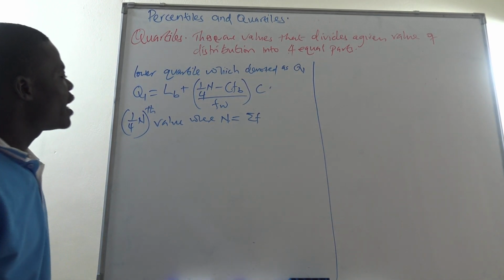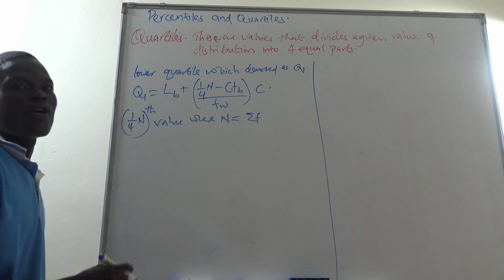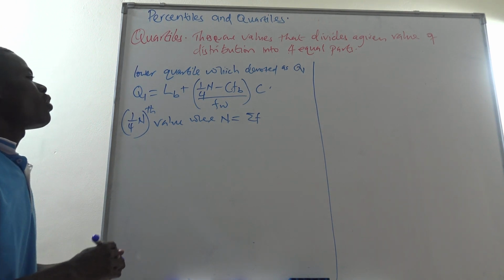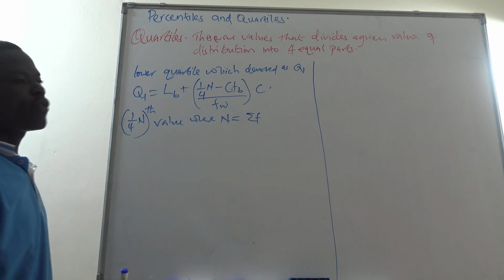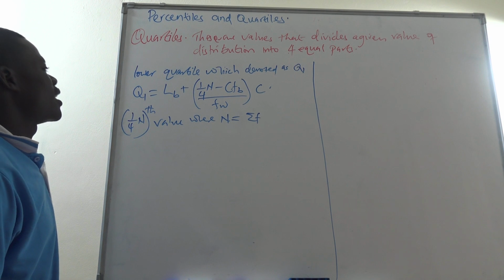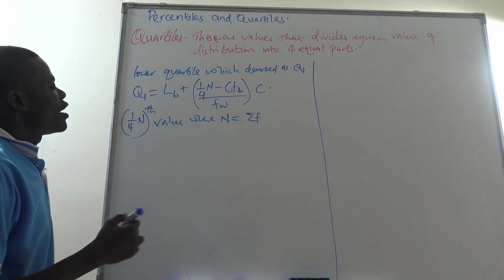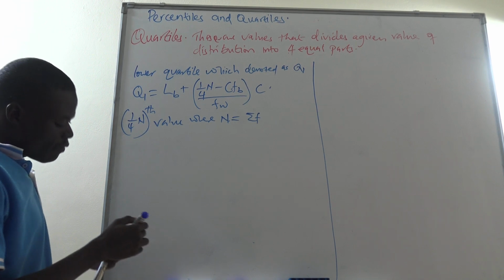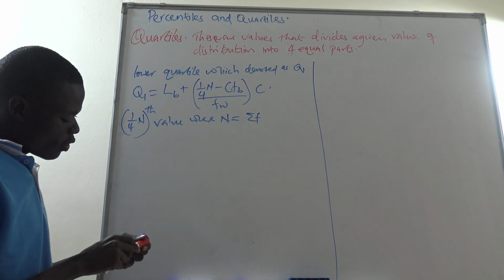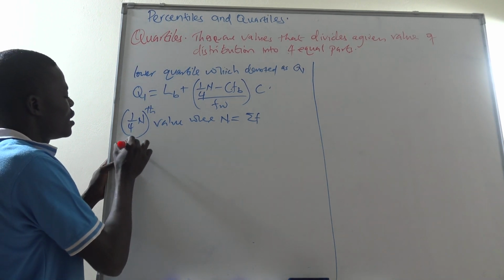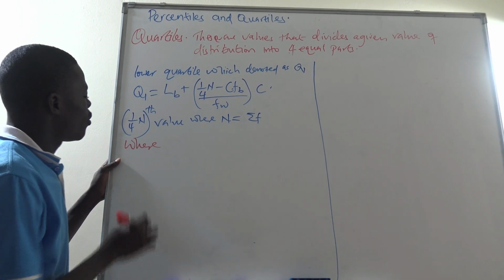After getting the value of a quarter N, you go to the cumulative frequency column and read the value that is equal to or greater than it. That becomes your lower quartile class. With reference to that class, you get the corresponding unknowns.